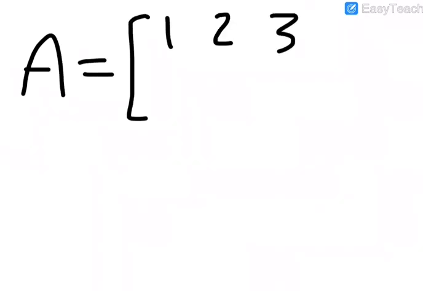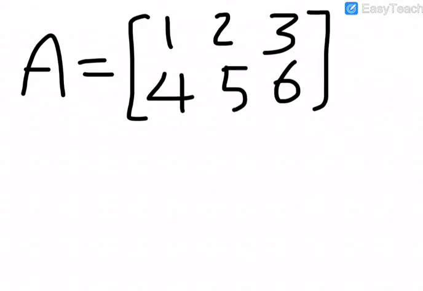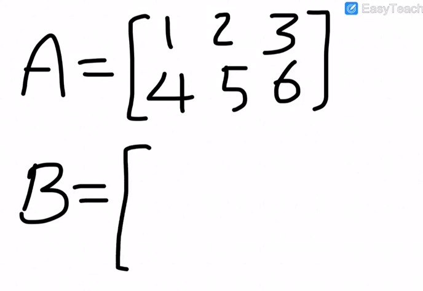Let's say A is 1, 2, 3, 4, 5, 6. This is a 2 by 3 matrix, right?